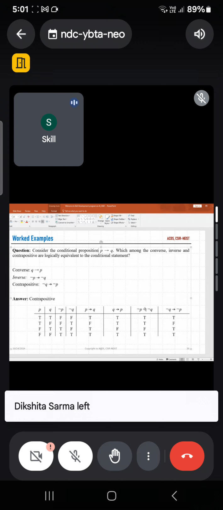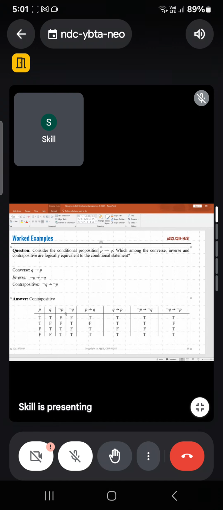Then just doing the negation of the two and then implying. Here we will take both from here: negation of P and negation of Q. Both are false, so we write true. Negation of P is false but Q is true, we write true. Then P is true but Q is false, we write false, and both are true, so true.